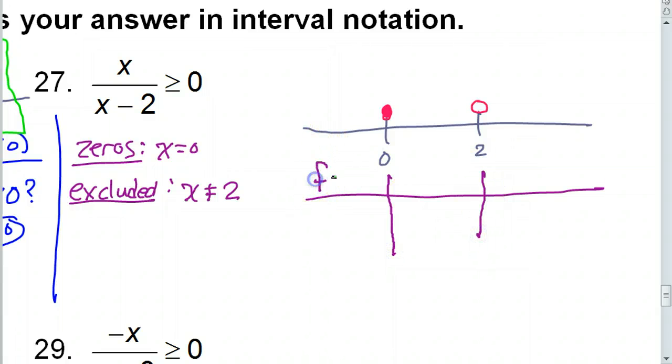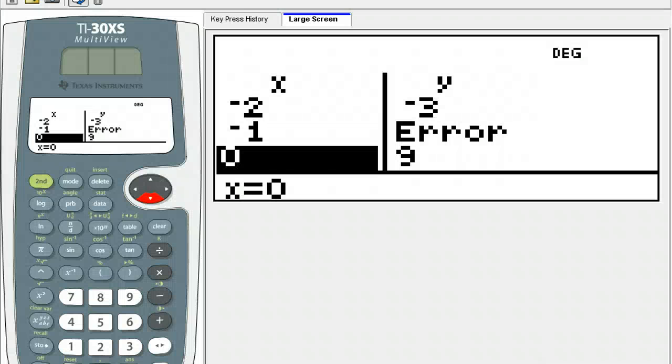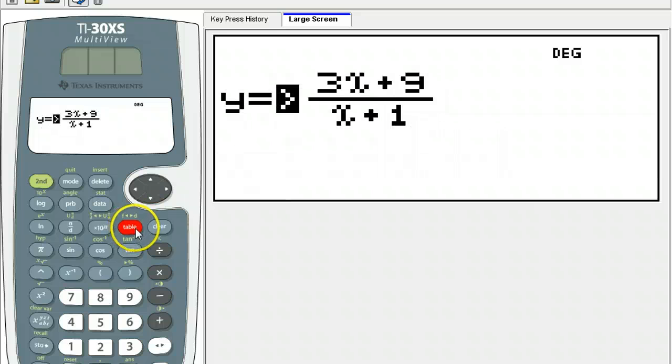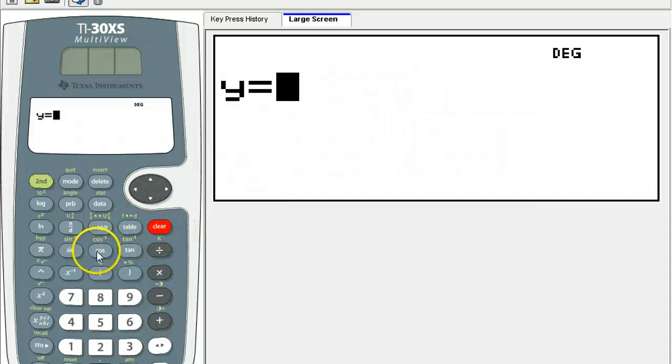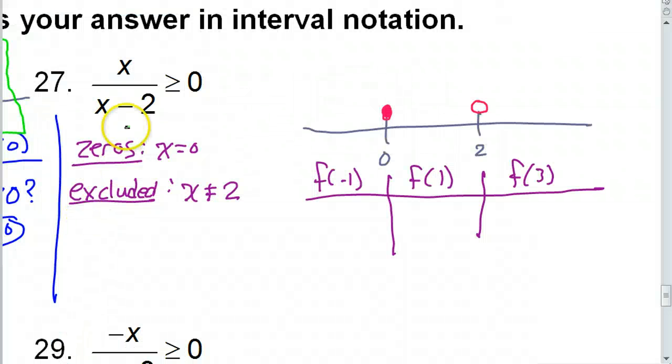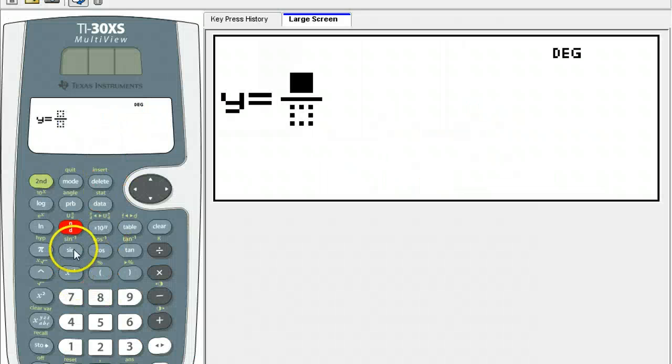Okay, so I'm going to check out f at -1, and I'm going to look at the value at +1, and I'm going to look at the value at 3. I'm just picking a value in each one of these zones. And I'm going to use my TI-30XS MultiView. Use the table feature, fraction mode, x over x minus 2.